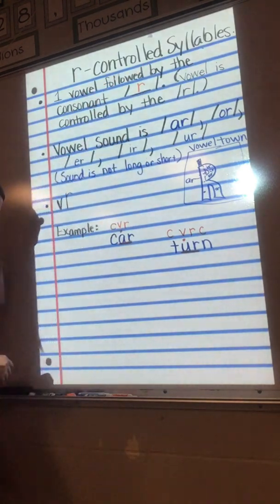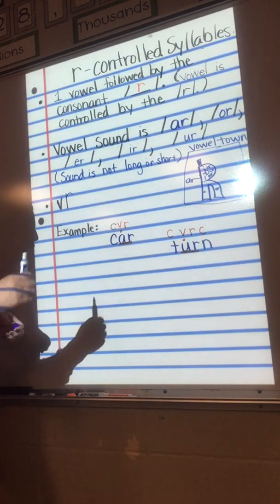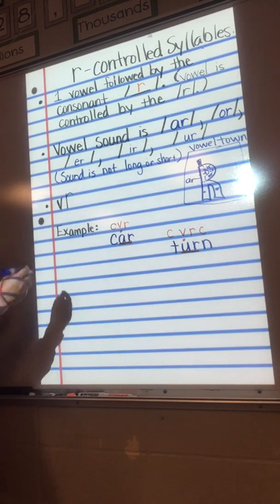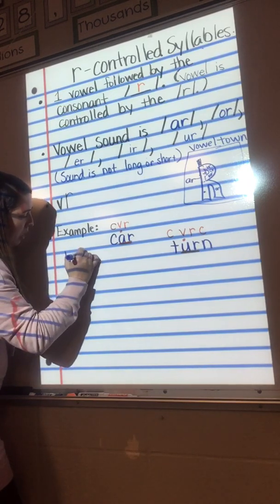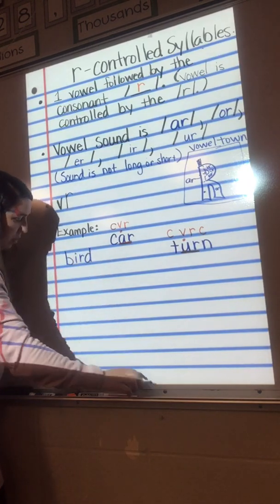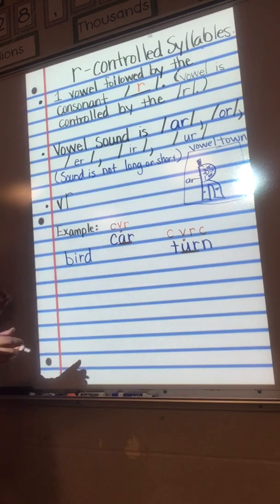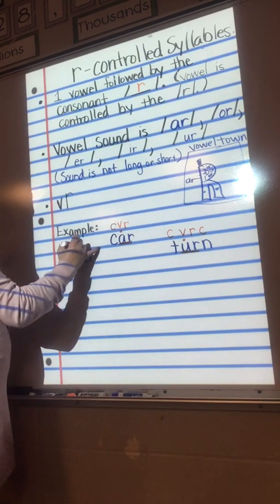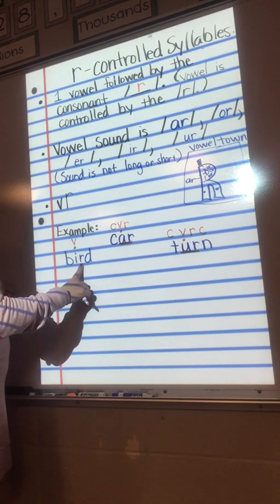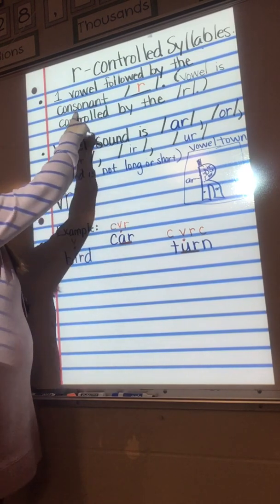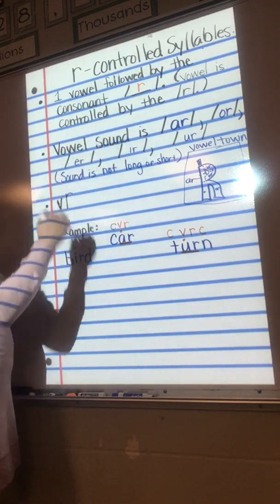Okay. We're going to do one more word. Oh, I know. Most of you probably already know this word, but that's okay. So let's identify it. I know I can spot a vowel, the I. Okay, but I notice that that I is followed by the consonant R, so it's going to control that vowel.